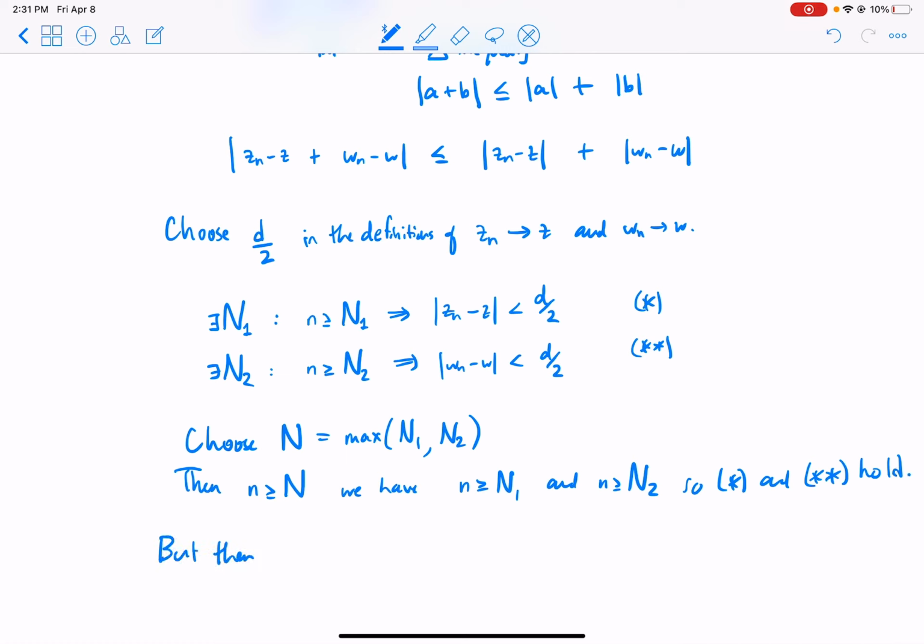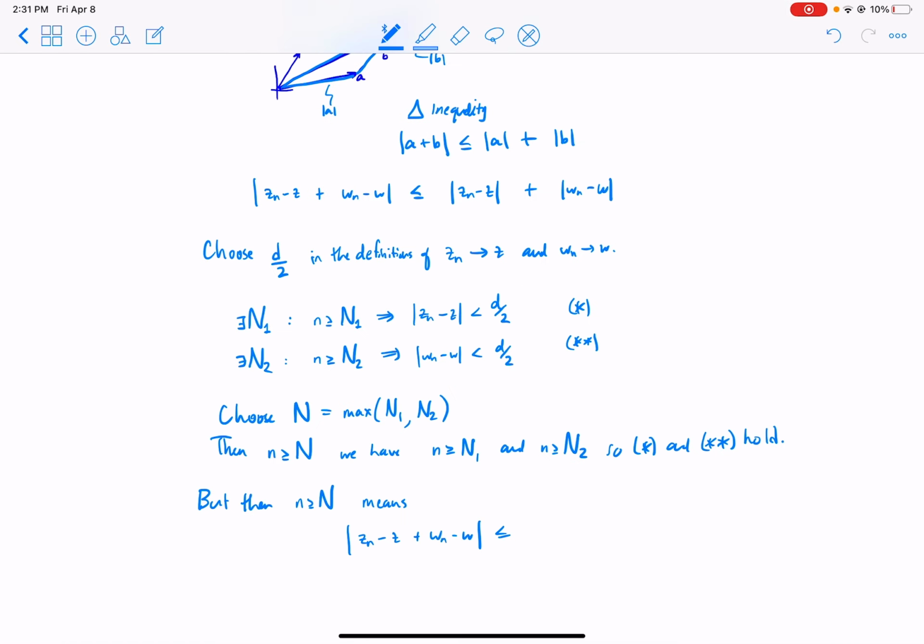But then, going past capital N means that the magnitude of Zn minus Z plus Wn minus W is less than or equal to, by the triangle inequality, the magnitude of Zn minus Z plus the magnitude of Wn minus W, which by star and double star is less than D over 2 plus D over 2, which is D.